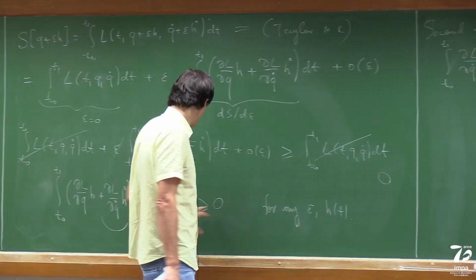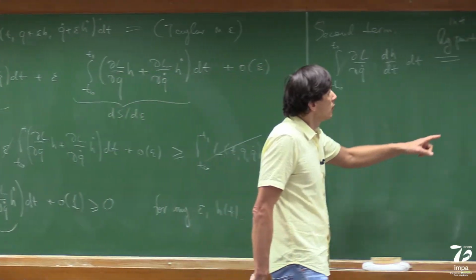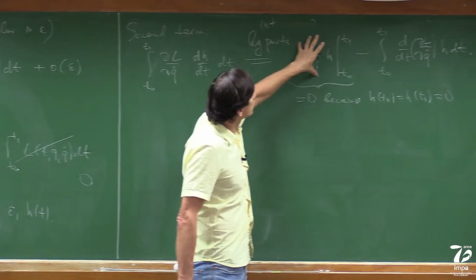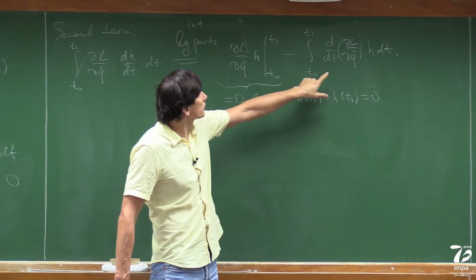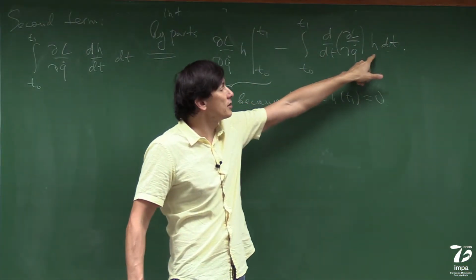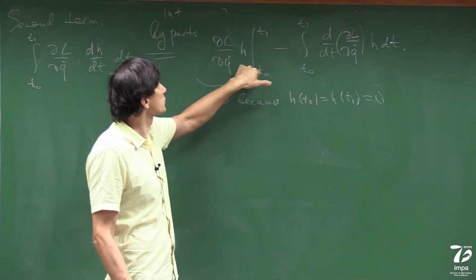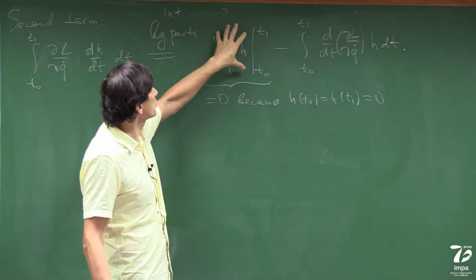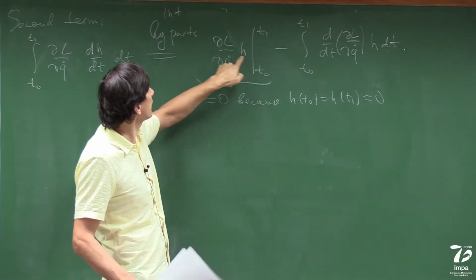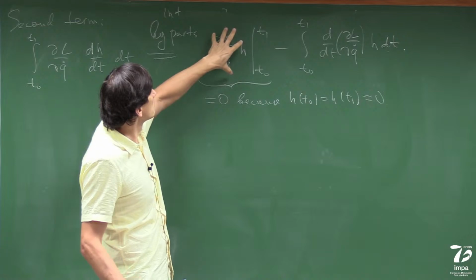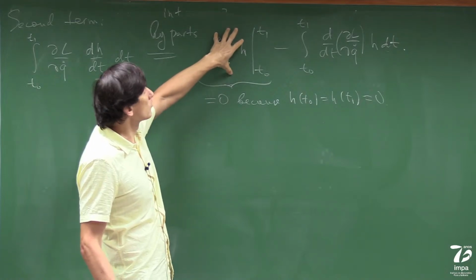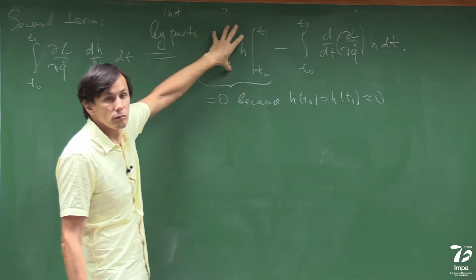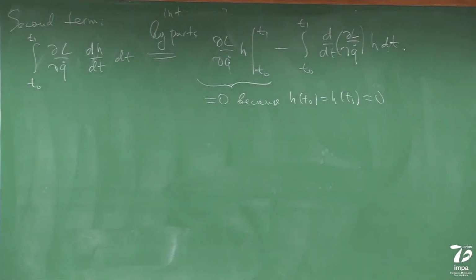It should be bigger than 0 for any h. And if this term is not 0, you have one term which is dominated by h in the interval, and another term which is dominated by h at the ends. So by choosing different h, you can fully control the value of the integral by the first term. And this will just break the whole theory.